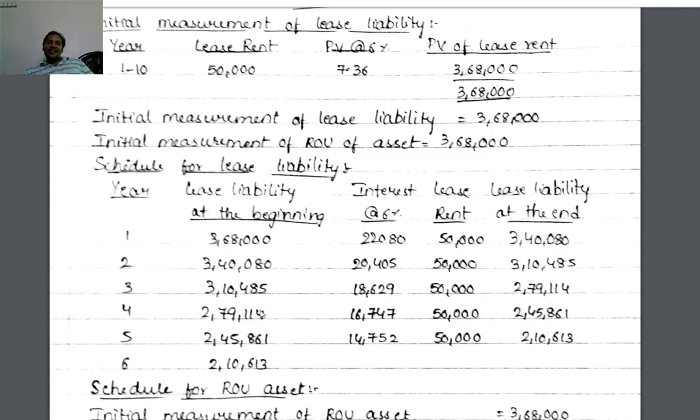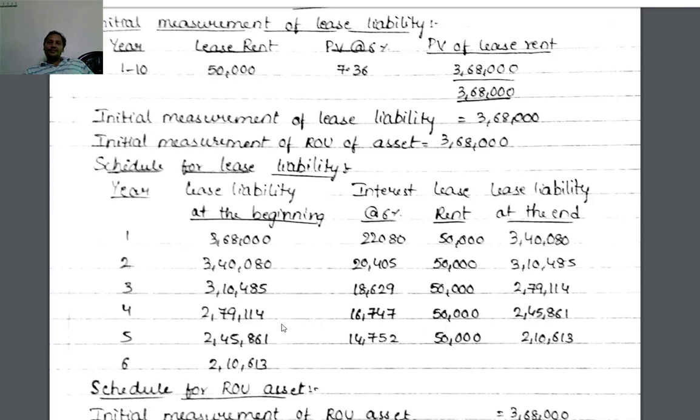Then liability at the beginning of fourth year 2,79,114. Interest at 6%, 16,747. Lease rent payment 50,000. Then liability at the end 2,45,861. That is 2,79,114 plus 16,747 minus 50,000.